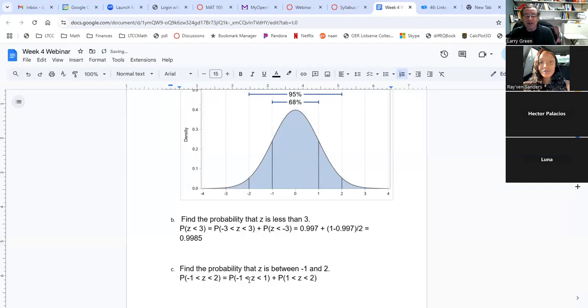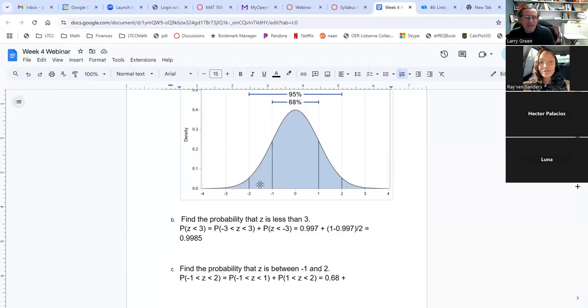Any questions on that idea? Probability between -1 and 1 is 68%, or 0.68. Plus, now we want to go between 1 and 2. We know that between -2 and 2, that's 95%. Between -1 and 1 is 68%.